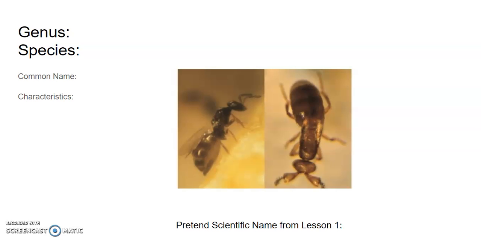I'm sorry, not arachnid, an arthropod. Sorry, I got my words mixed up. It is an arthropod, and it is in the class Insecta. It is a microscopic wasp, and it is parasitic. It feeds upon the larvae of flies. It is so small that its stinger cannot hurt us, but it does have a stinger.